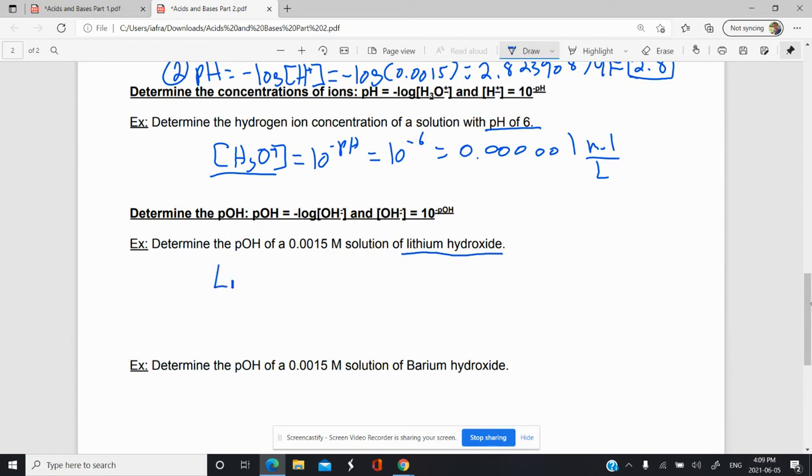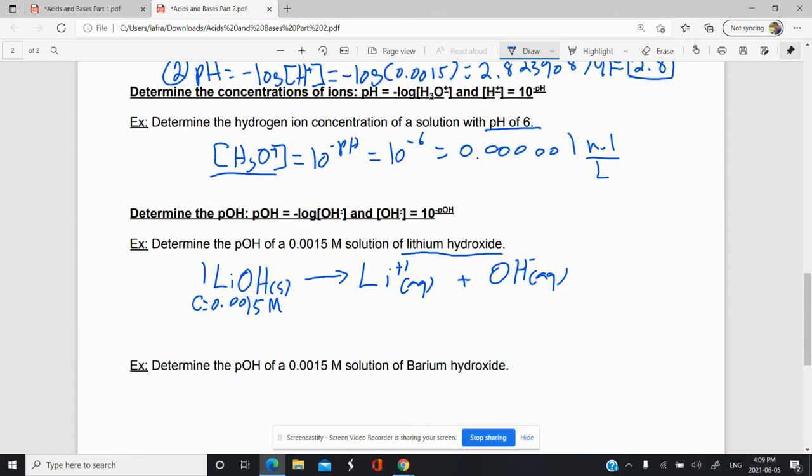Let's write out lithium hydroxide. And so it's a solid. We're doing a dissociation equation. We're going to get some lithium over here, plus 1, aqueous, plus the OH minus, aqueous. And we're going to write down our concentration. Our concentration here is 0.0015 molar.